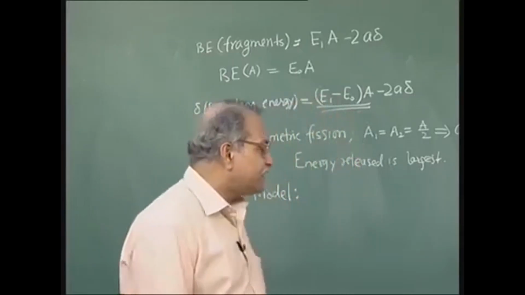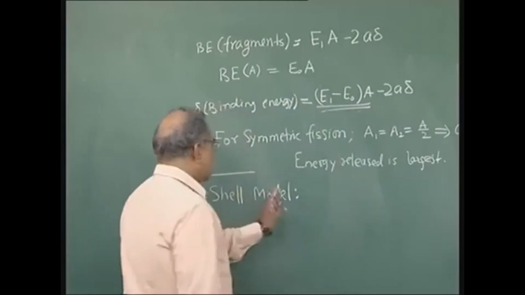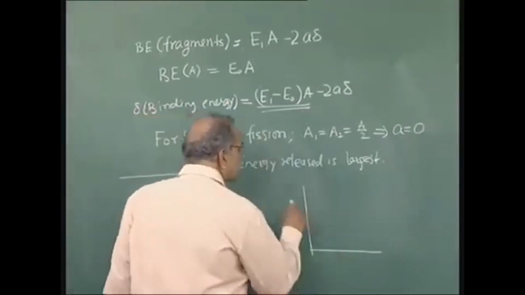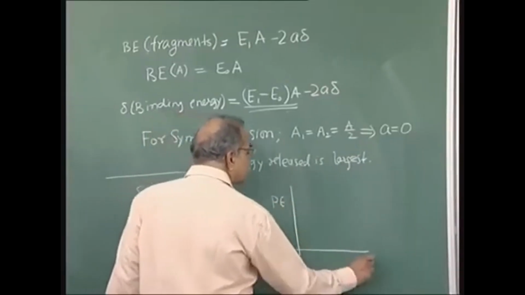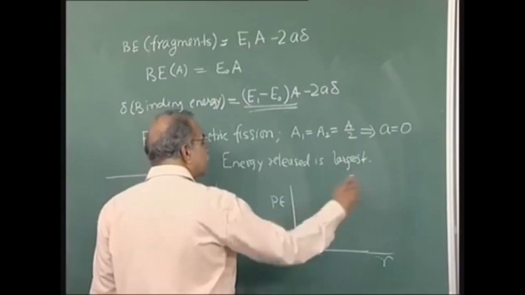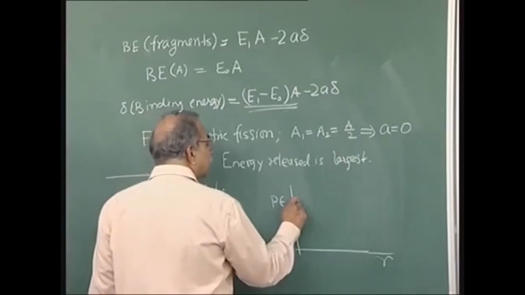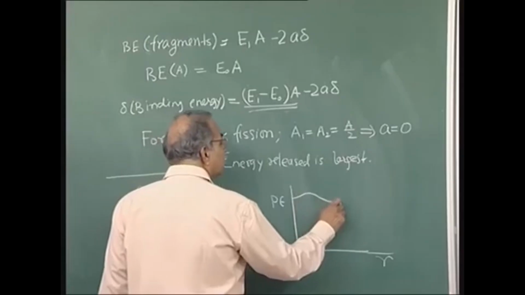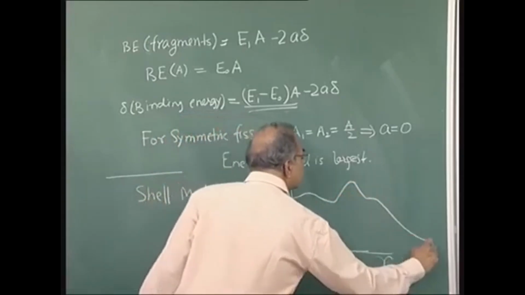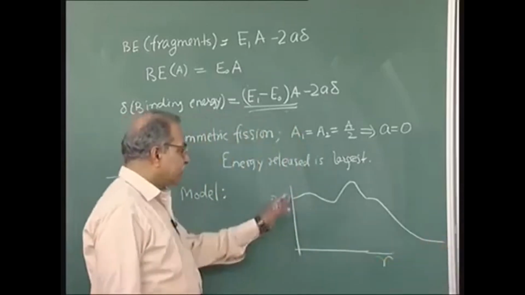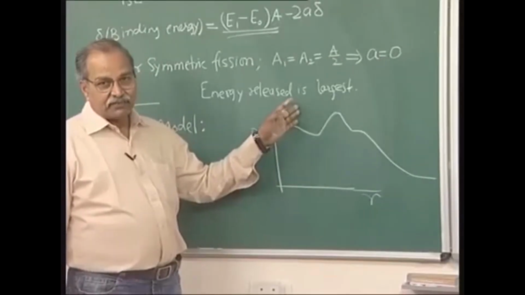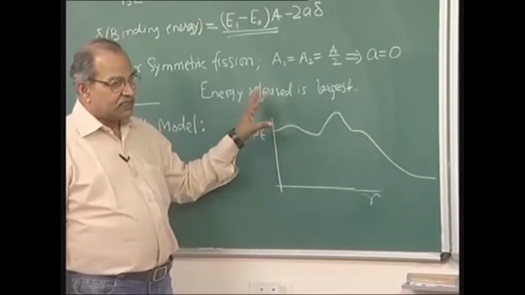But one possibility is, once you take all these shell model effects, that the potential energy curve that we had drawn as a function of deformation parameter, we have shown it as just one single hump, but maybe it is not that, it is more complicated, right.